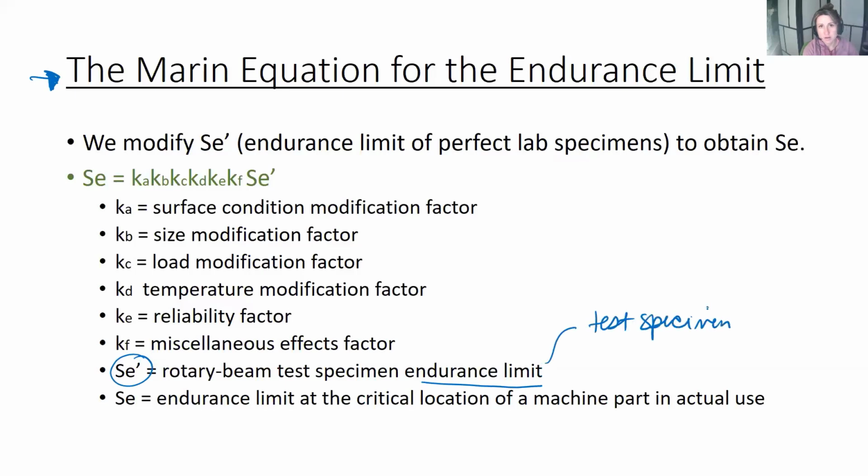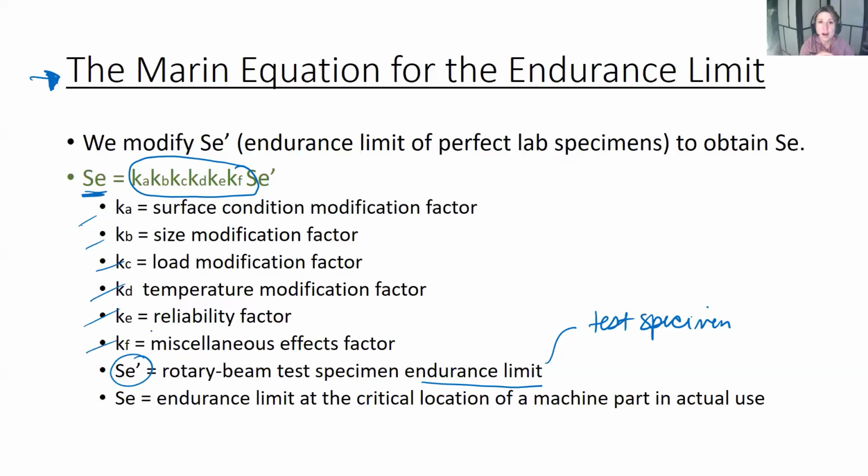And the video talks about what endurance limit is. But we have to modify that test value endurance limit to better approximate the endurance limit of that component in service. So it's derated by all of these things: surface condition, size, load, temperature, reliability, and miscellaneous effects.